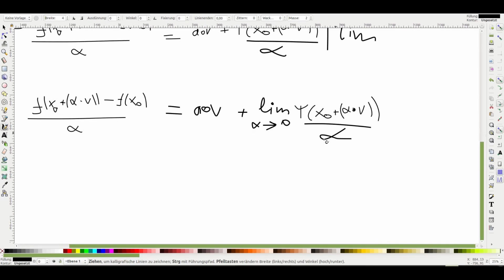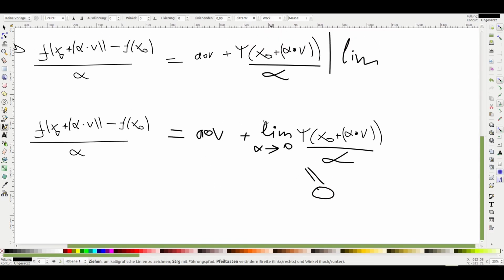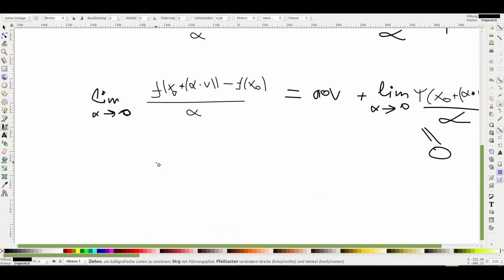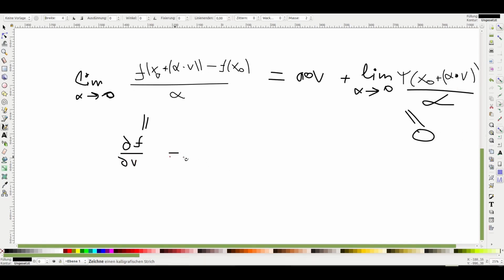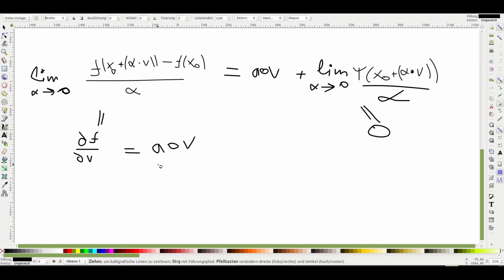Now remember that this limit here is 0 from what we have discussed previously, and this is just the definition of our directional derivative with respect to our directional vector v. So in total we get this equation.